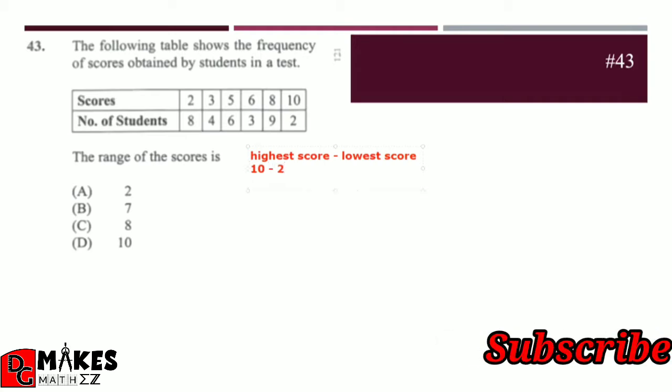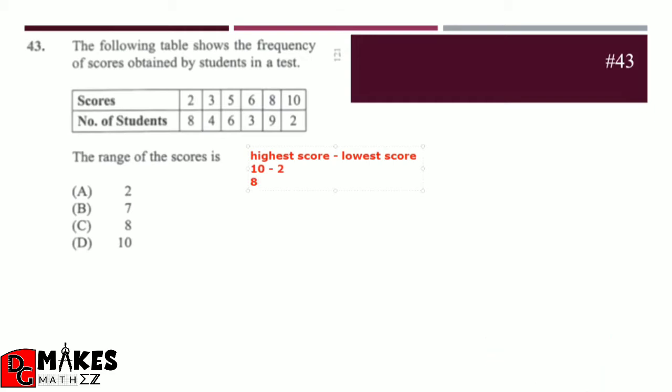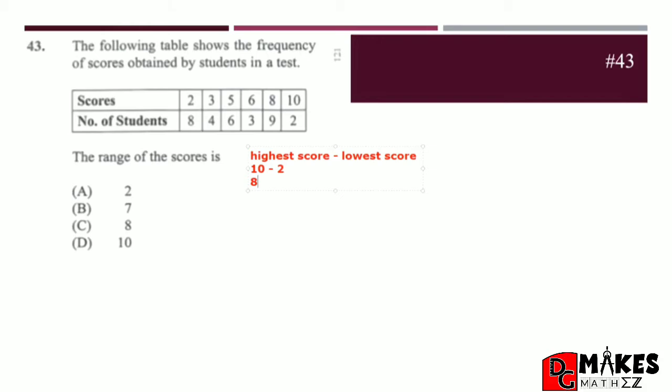So the range of the scores is 8. From 2 to 10, the range of the scores is 8. That pretty much covers question number 43.